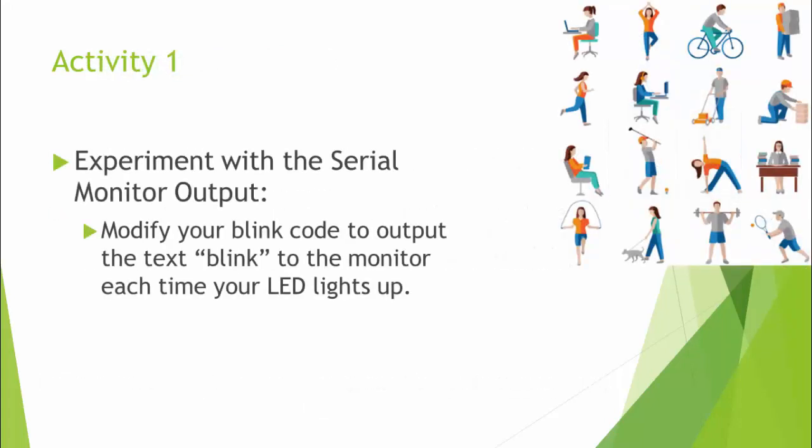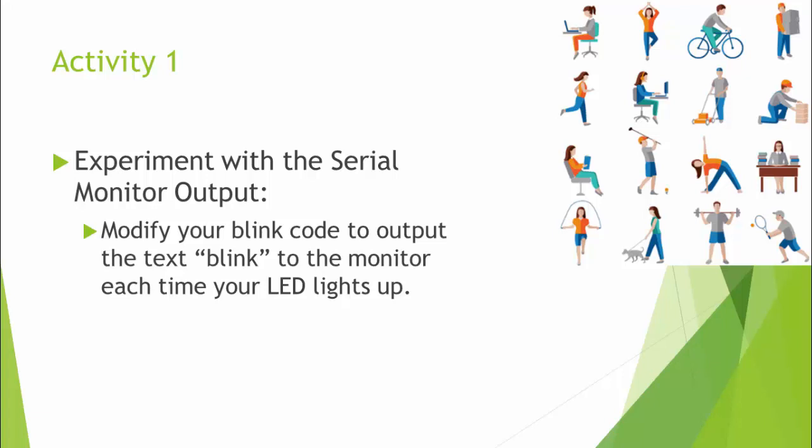Okay, so your first activity then, I'd like you to experiment with the serial monitor output. Change your blink sketch from yesterday, and add in a line to communicate to the monitor each time your LED lights up. Now, as soon as your sketch is running, you will need to go to the menu and enable the serial monitor from the IDE.